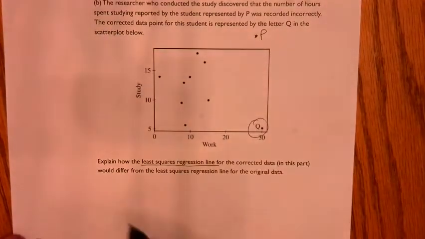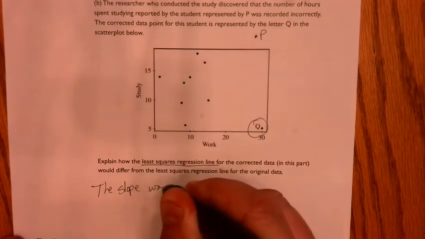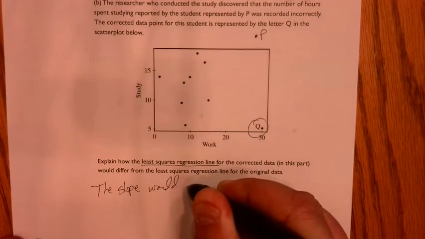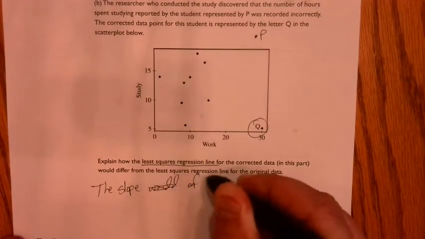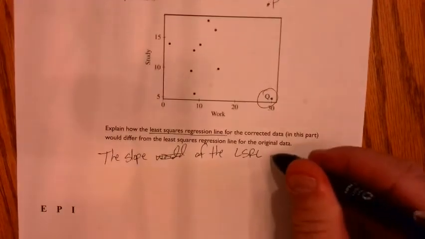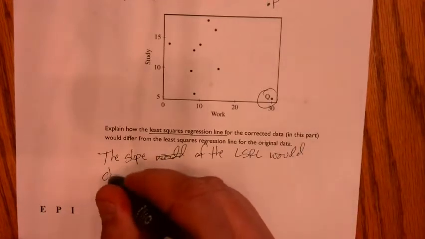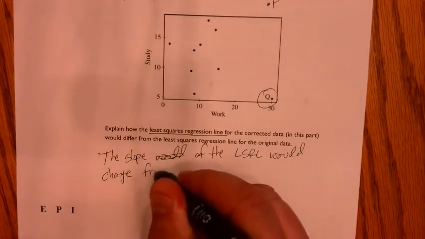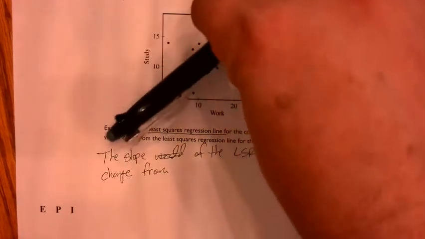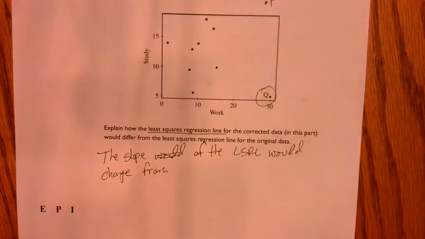I'm not sure, but the slope of the least squares regression line would change. It would decrease definitely, but I think it would become negative, because that's a positive slope, but with this, that would be a negative slope. There's got to be a negative slope.